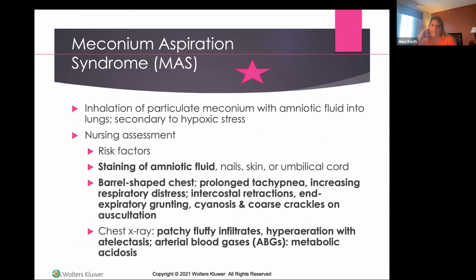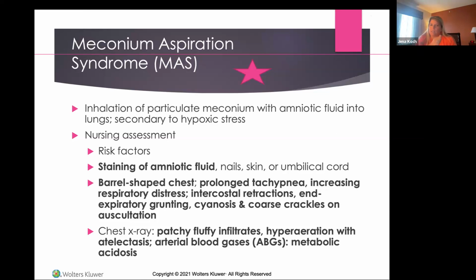You may see some staining on the newborn's nails, skin, and umbilical cord. They will typically appear with a barrel-shaped chest.